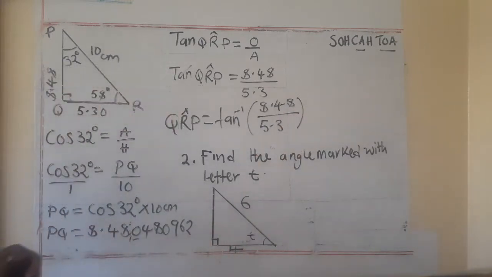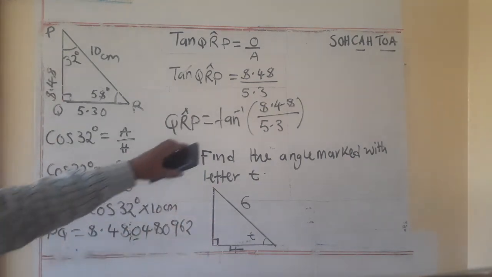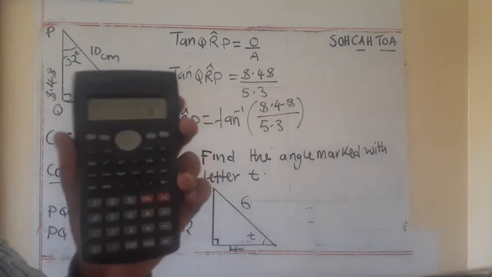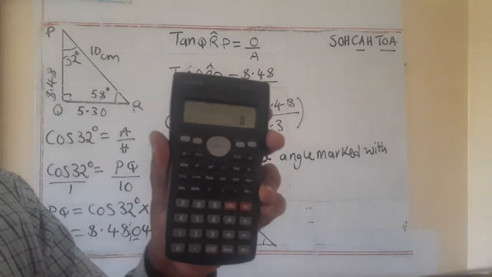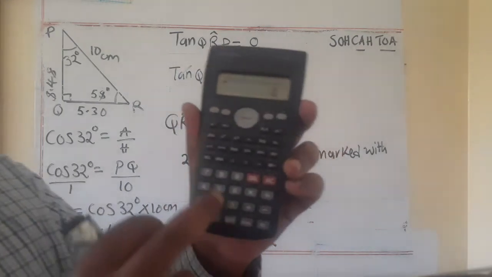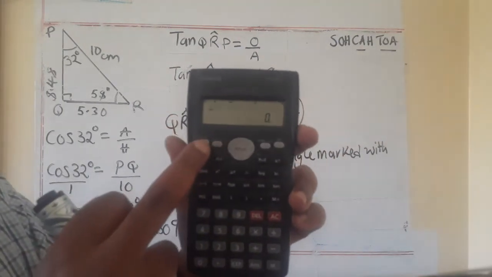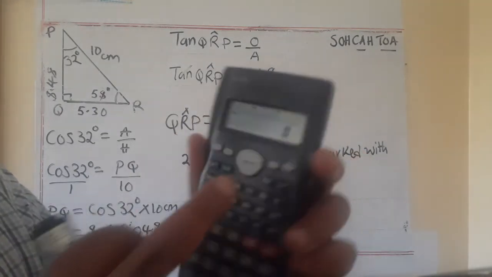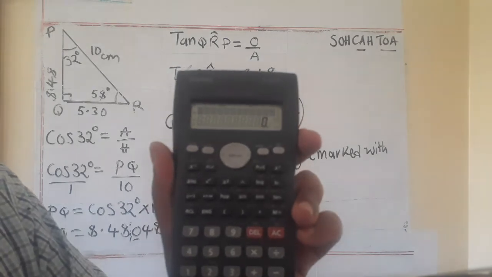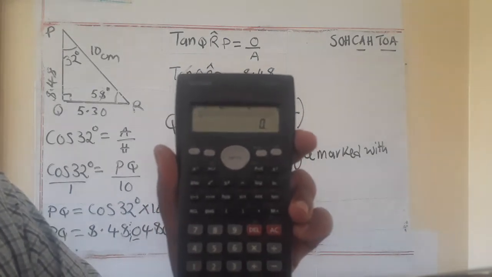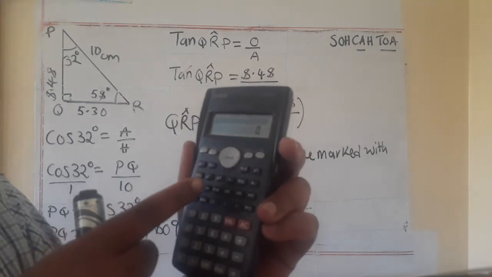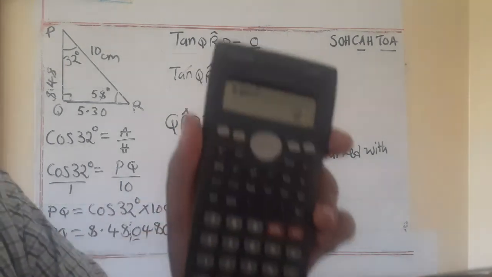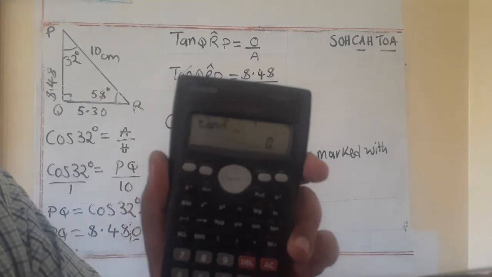How do you come up with this inverse on the calculator? You punch shift or second function, then you bring tan.